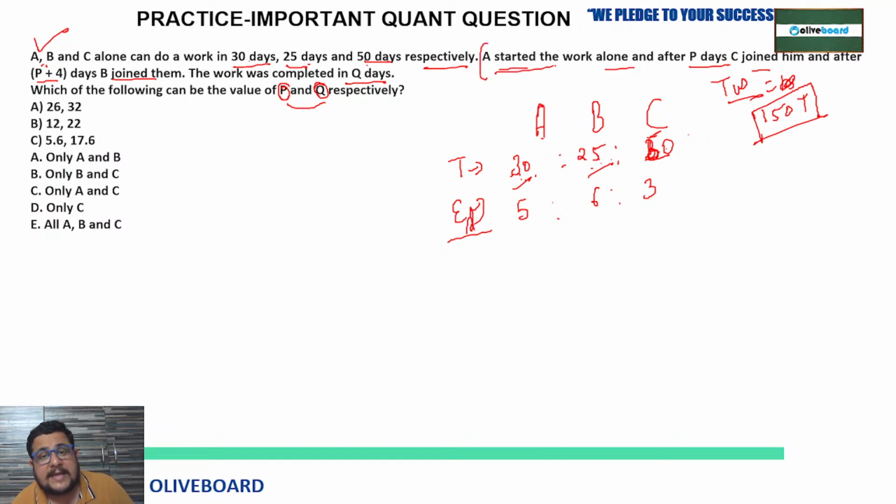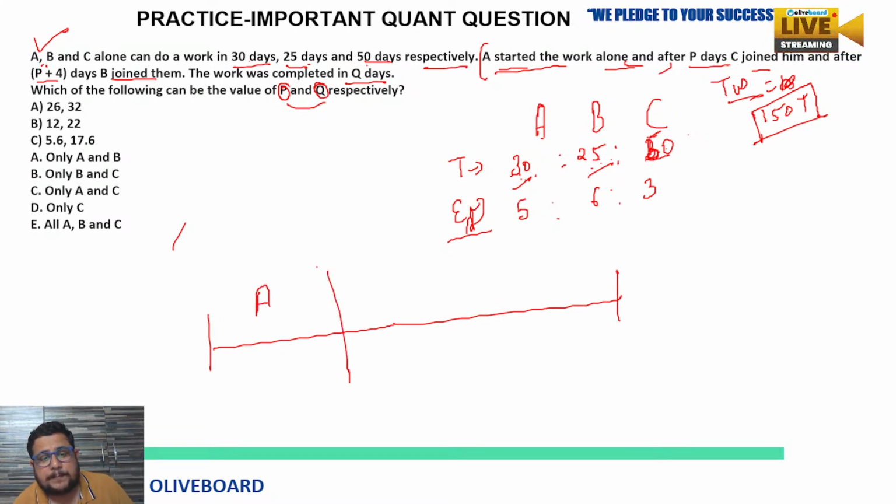Now A started the work alone. I'm just making this. A started the work alone, and after P days C joined him, and after P plus 4 days B joined them.